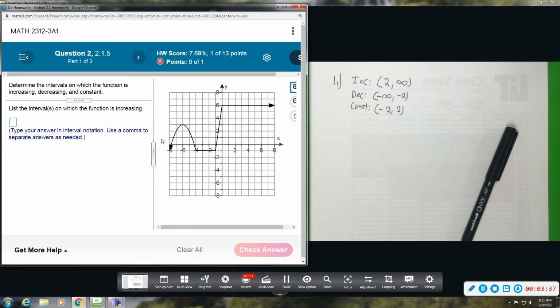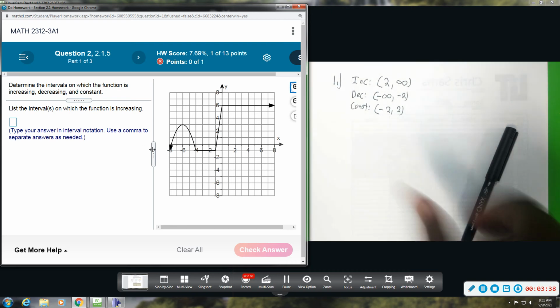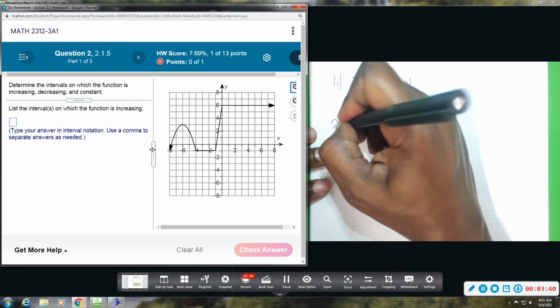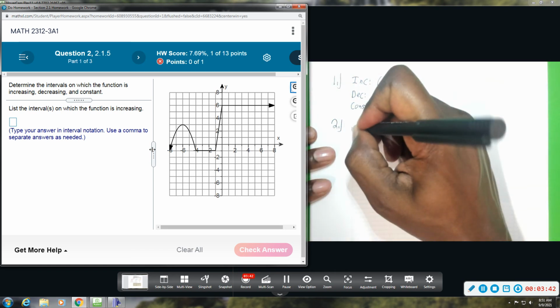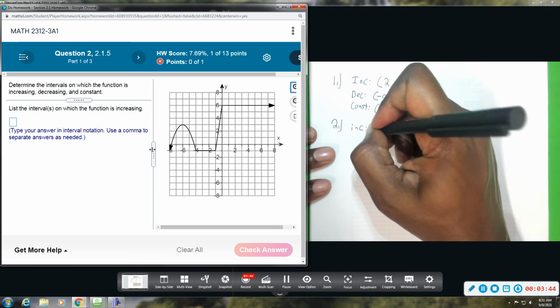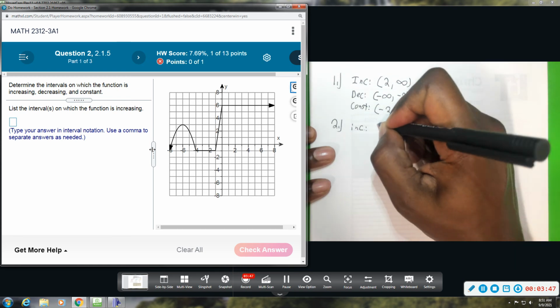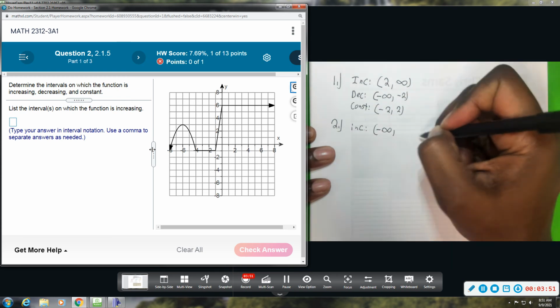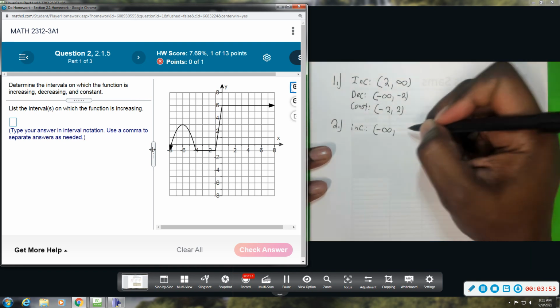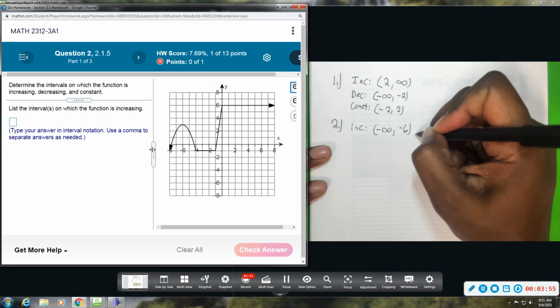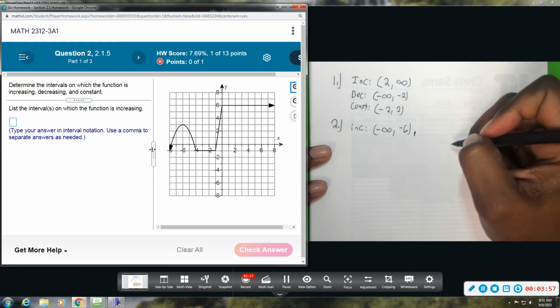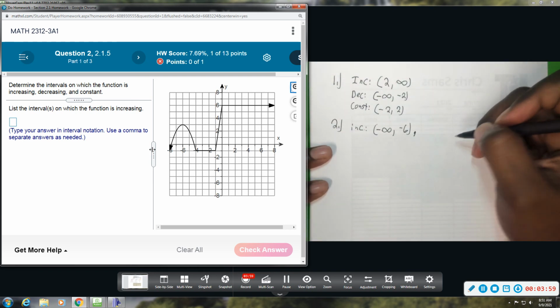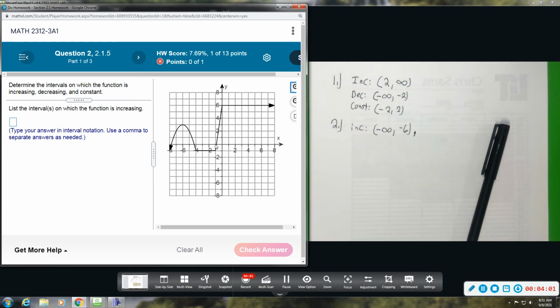So as we look at this from the left side, it is increasing from negative infinity until we get to an x value of -6, and then I do a comma, and then the next part is increasing. This x value, that's 0, that's -1.